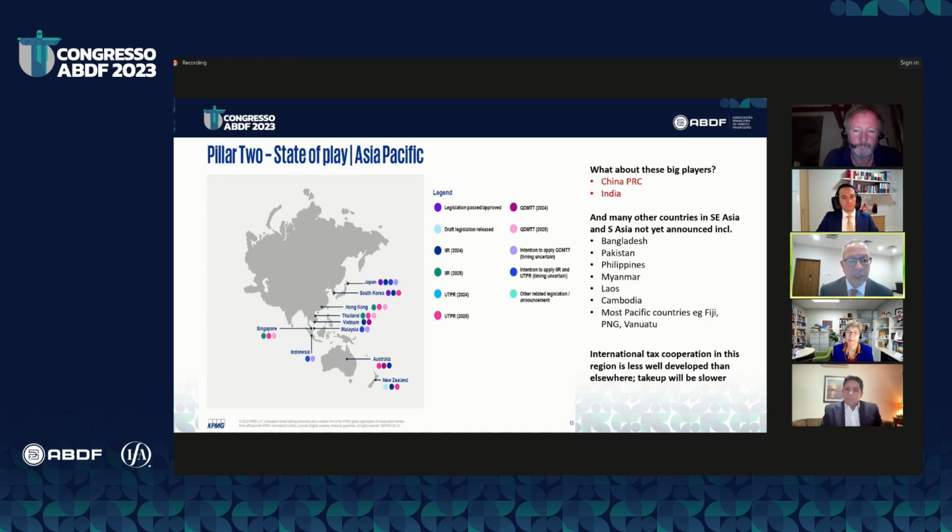With respect to China, it's just speculation, but the fact that Hong Kong will be adopting is seen by people as maybe an indication of where China is going as well.